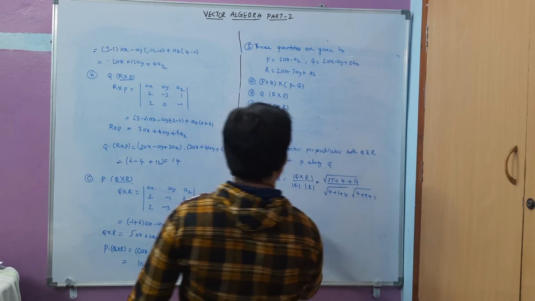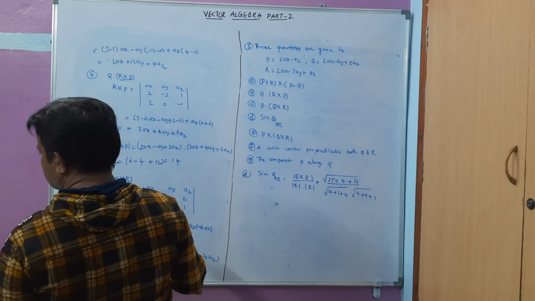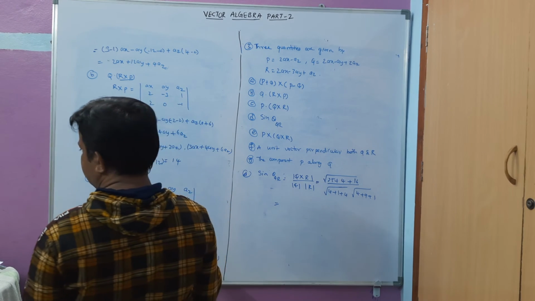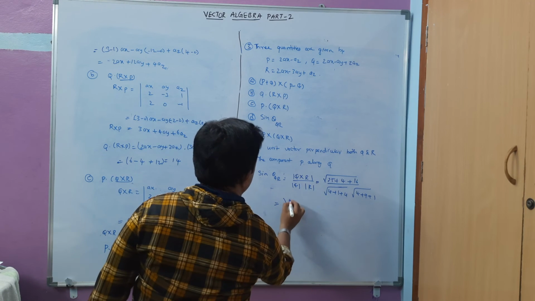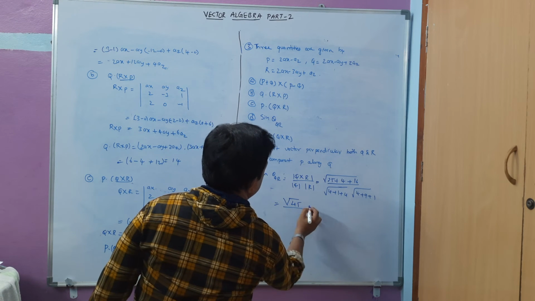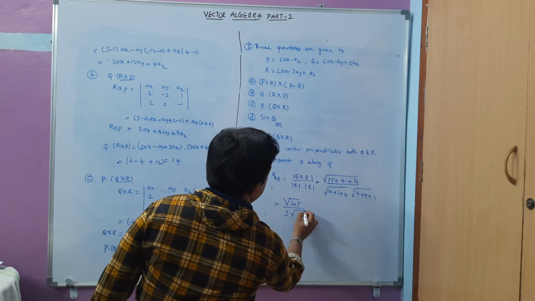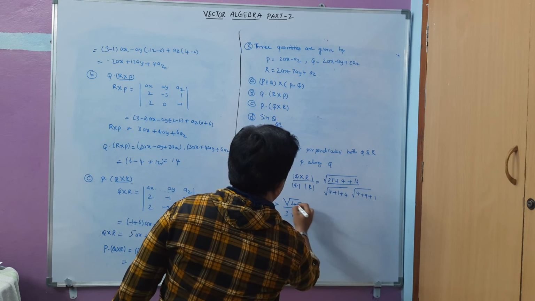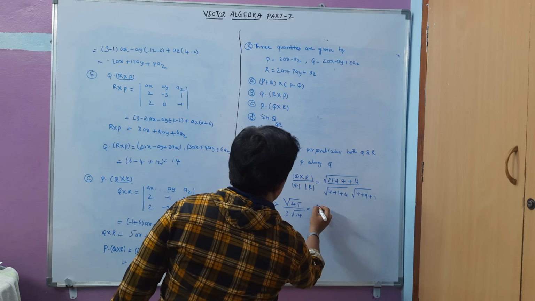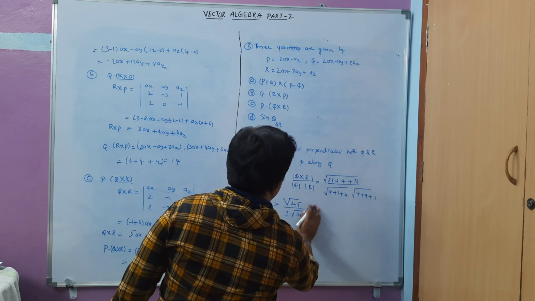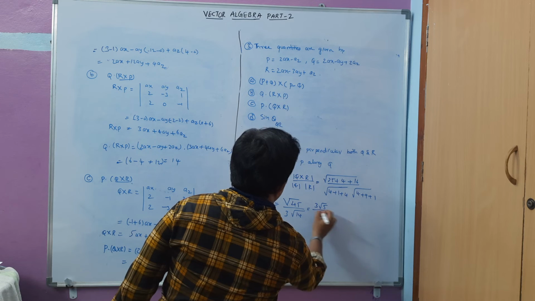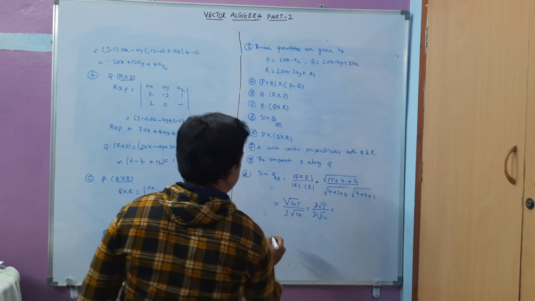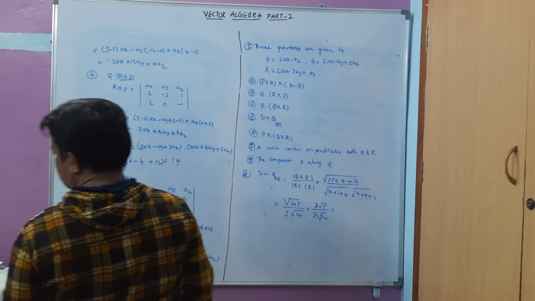So it will be giving me root 45. And this is 9 means 3 I get here, and this one is 14. 9 into 5 is 3 root 5 by root 14, so I get the answer as 0.5976.